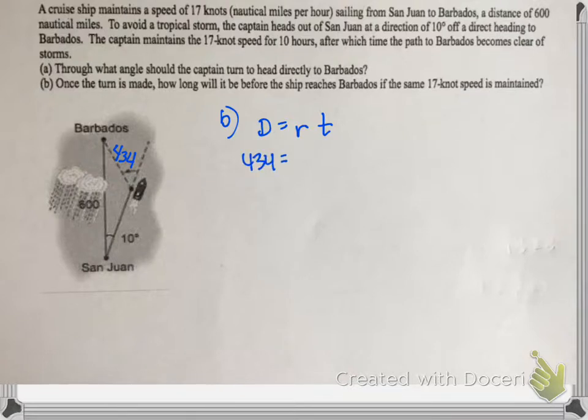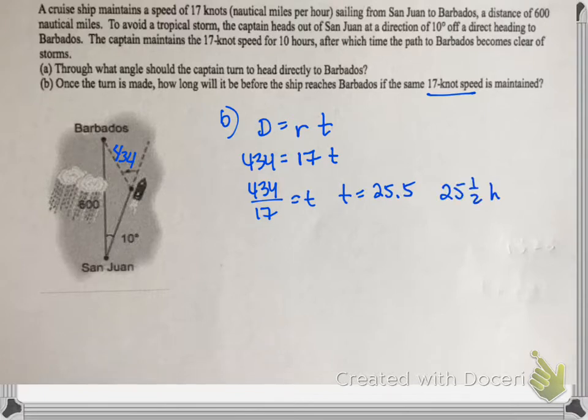The rate is still 17 knots, so that's 17 times your time. Okay, so 434 divided by 17 equals T. Your time equals 25.5, so 25.5 hours. Okay, and that's that. So we're done with section 9.3. Make sure you watch the next one as well.